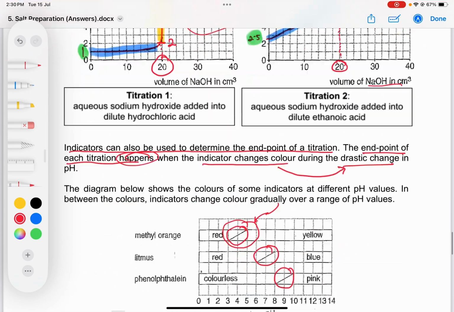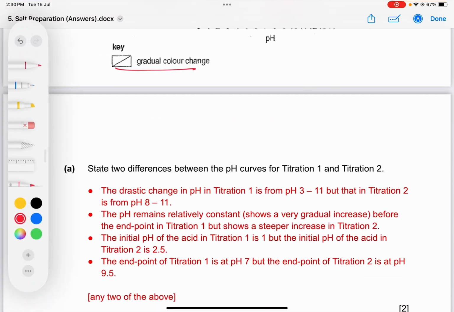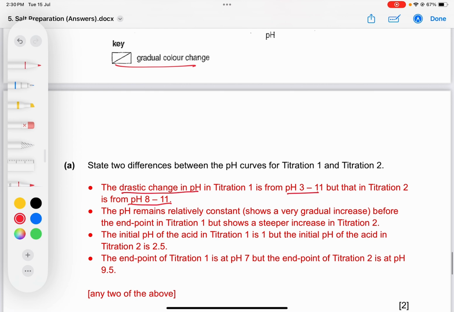If you look at the answers here, the drastic change in pH for titration 1 is between 3 to 11, but for titration 2 it is between 8 to 11. Next, the pH remains relatively constant before the endpoint in titration 1, but there's a steeper increase in titration 2, before the endpoint.